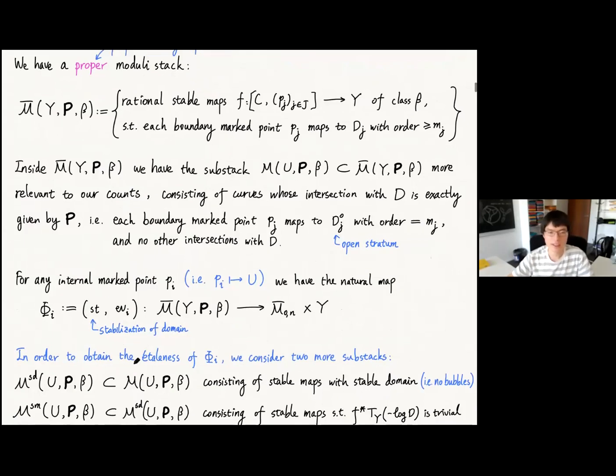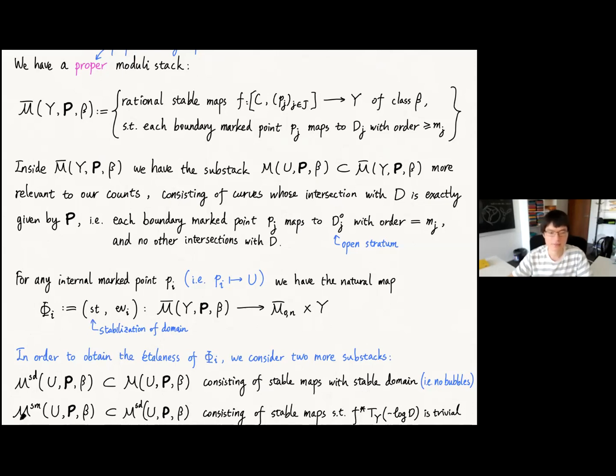In order to obtain the étaleness of the map phi I, as we said, for deformation invariance we want some sort of étaleness. And in order to obtain it, we consider two more substacks. First, the substack MSD consisting of stable maps with a stable domain. In other words, there are no bubbles in the domain.